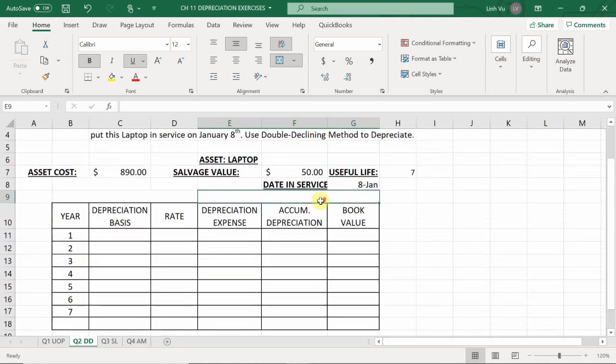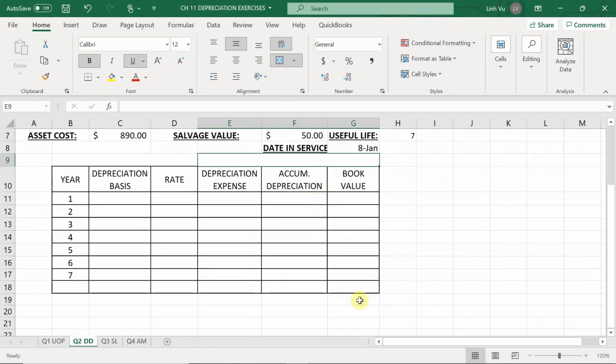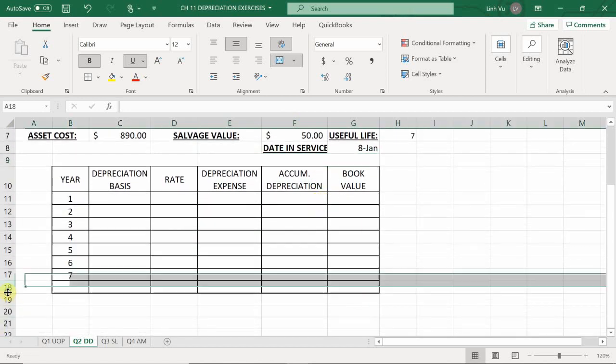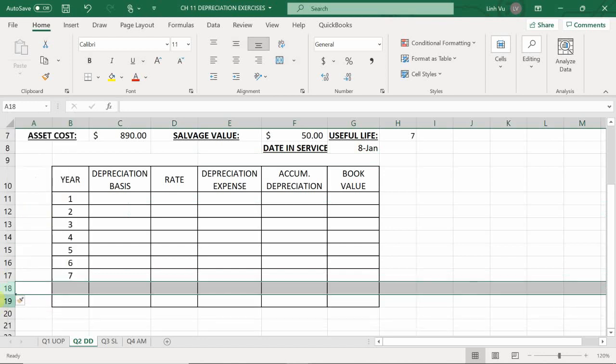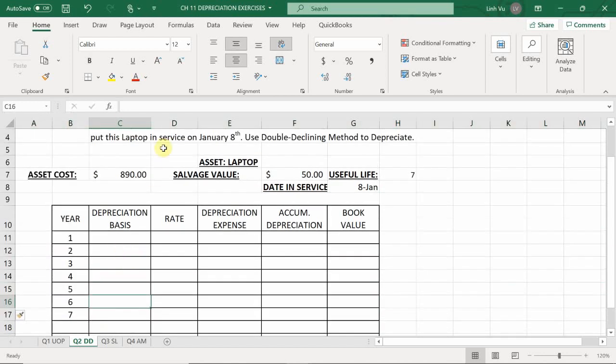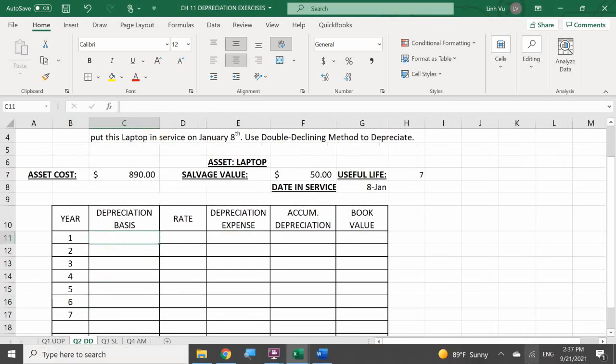Okay, so let's take a look at our little problem here. I'm going to add a couple lines just in case. Okay. So let's talk about the very first one, which is going to be the depreciation basis. So in this case, our depreciation basis is going to be the beginning of the year's book value. Okay?